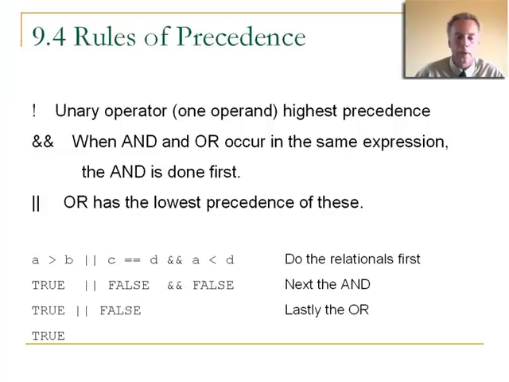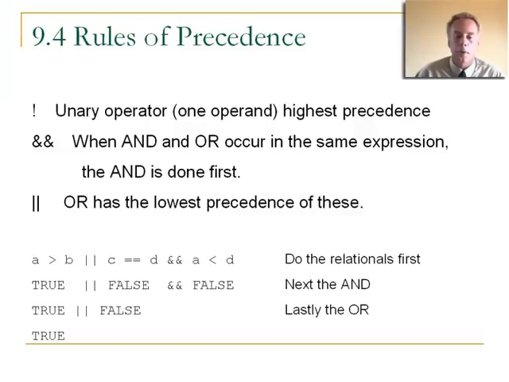We'll read this slide from that expression, starting A is greater than B, and look at how to evaluate the expression. So suppose A is greater than B evaluated to true, C is equal to D evaluates to false, and A is less than D evaluates to false. So now we have true or false and false.